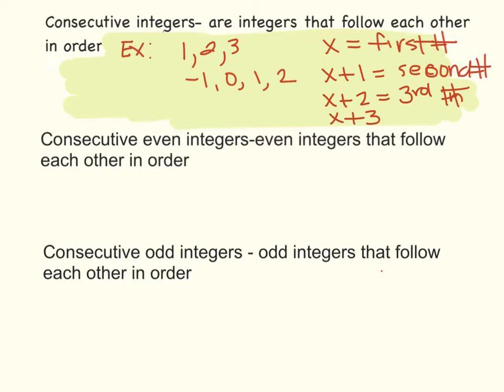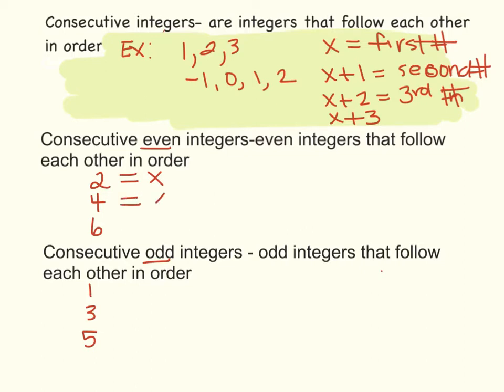The other two types we're going to look at are consecutive even and consecutive odd. And consecutive even and consecutive odd is just counting by even or counting by odd numbers. So an example of consecutive even would be 2, 4, 6. And consecutive odd would be 1, 3, 5. And we could keep on going. With consecutive even integers, our first number, just like with consecutive integers, is always x.